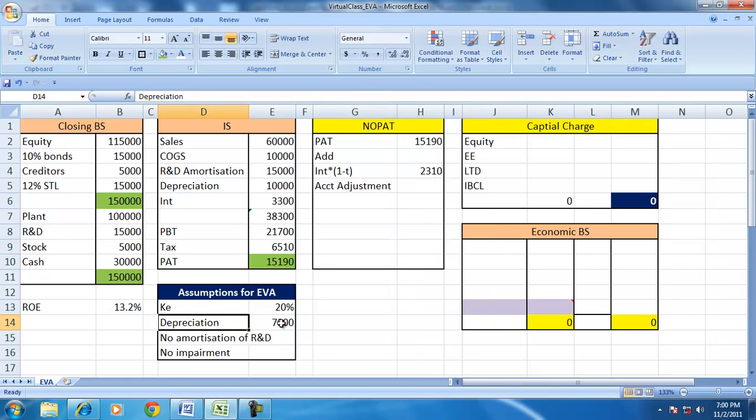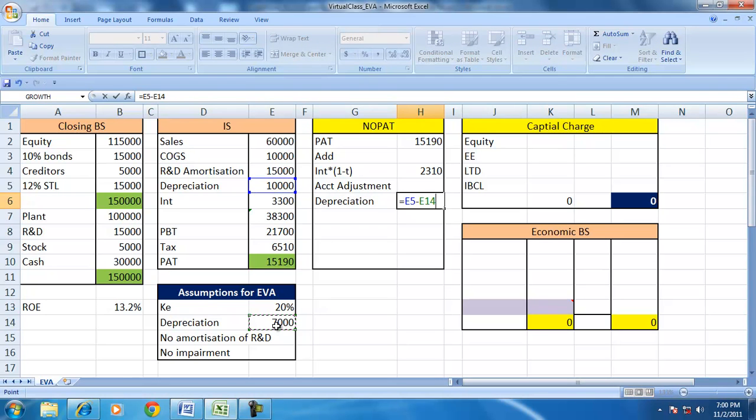One is depreciation for EVA is assumed 7,000, whereas we are charged depreciation 10,000. So add back excess depreciation, that is 10,000 minus 7,000. We add back 3,000. It also says there is no amortization of R&D, so amortization is also removed. So the entire amortization is added back.